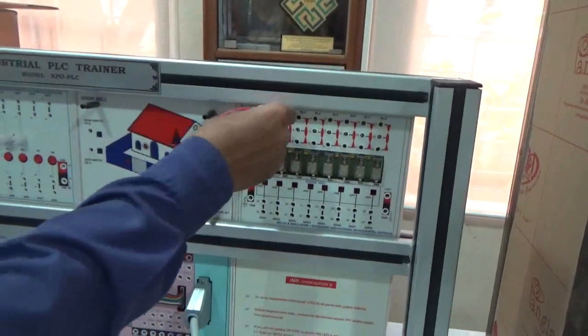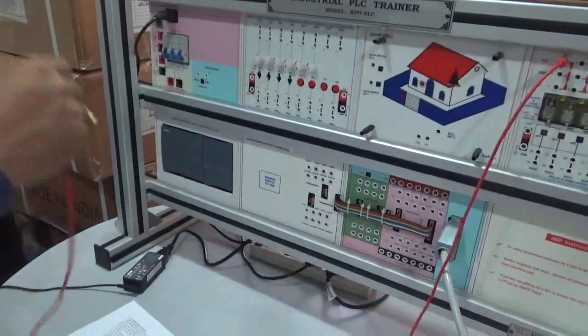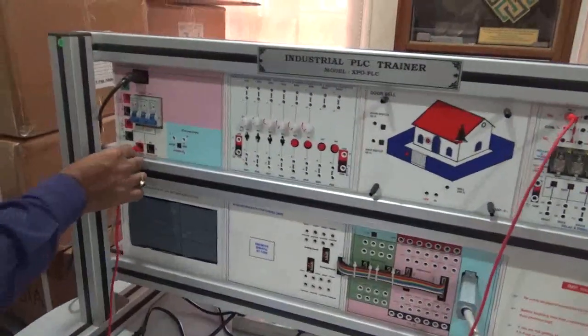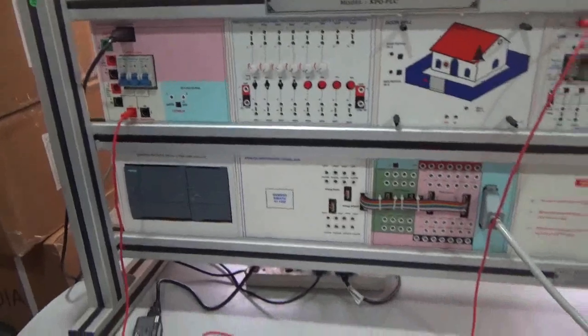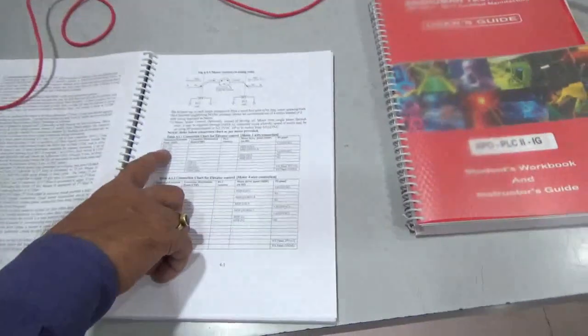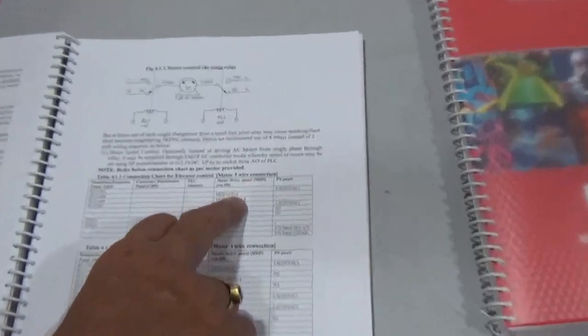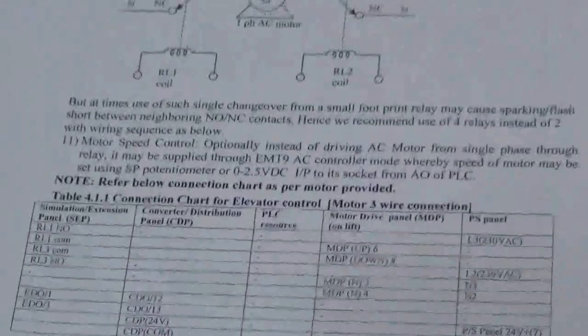RL1 NO goes to L3, 230 volt L3. Then another connection: relay 1 common goes to MDP 6, which is on the lift. This panel is on the lift.